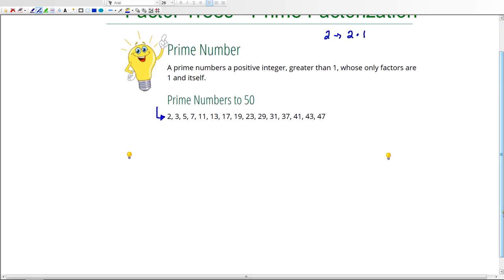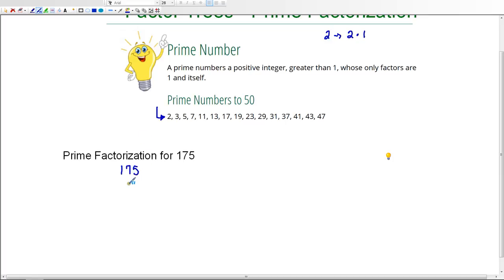So let's just jump into an example, and I'm going to start by finding the prime factorization for 175. 175 is a pretty large number, and it might be hard to think of all the factors. And that's why we would use a factor tree to find the prime factorization. It's a much easier way of finding the prime factors, I should say.